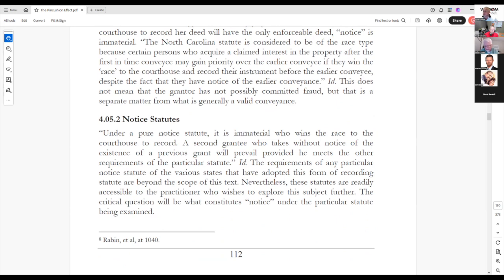When he sold all of his property, the grantee went and filed their deed, and then the highway department, about two years later, filed their right-of-way deed. So he was in court. He was conveyed the property without constructive notice of the road right of way, because the right of way got conveyed after he bought the property.